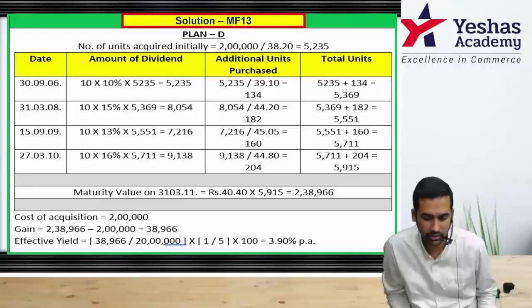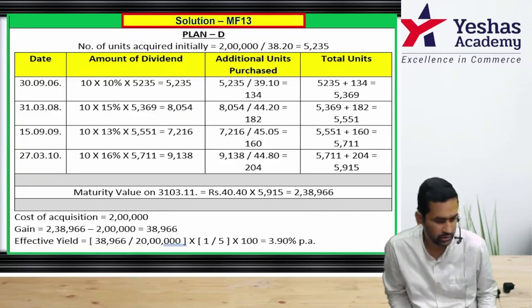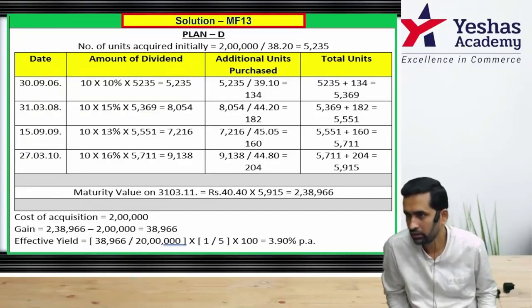Divided by, for additional units you have to take the prevailing NAV rate, and on 30th September the rate was 39.1. When you divide, you get the additional units, approximately 134.